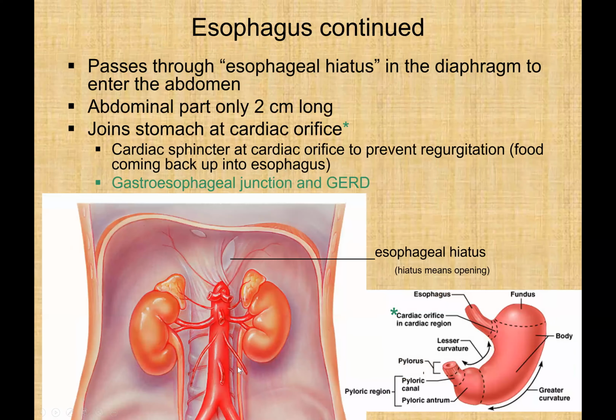The esophagus is also about 2 centimeters long. As I explained, we talked about the cardiac sphincter already, and at the cardiac sphincter region, the mucosa is made up of what we call the gastroesophageal junction, which will be taught in histology, where there is a change in epithelium from stratified squamous non-keratinizing to simple columnar ciliated epithelium.